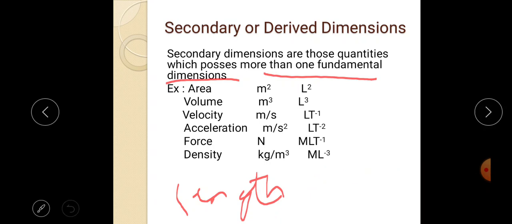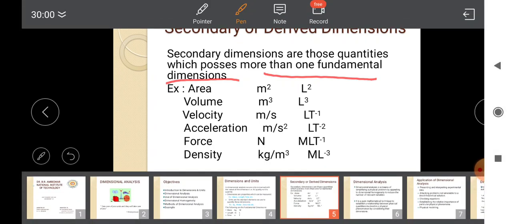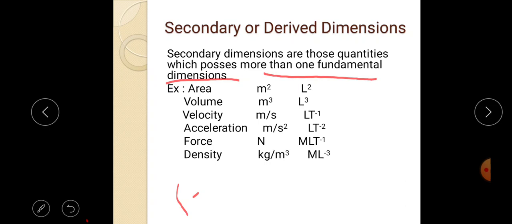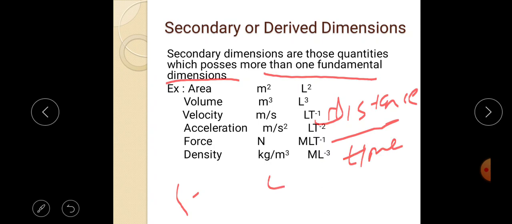Similarly, if we talk about velocity, what is velocity? Velocity is simply distance per unit time. Distance we measure as L and time as T, so this is basically L T to the power minus 1.